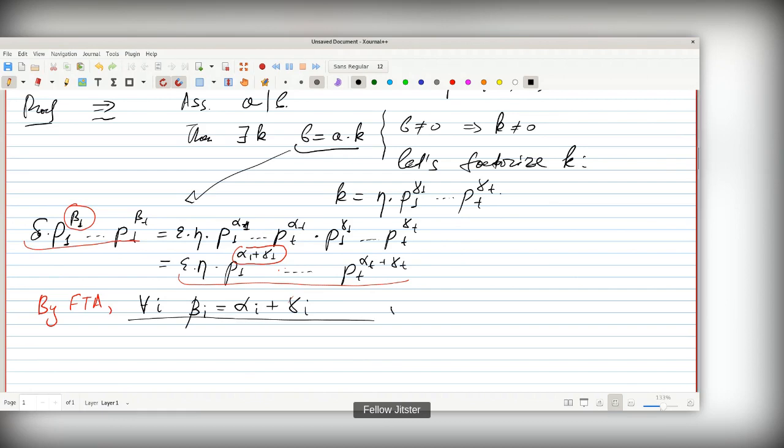But we know that gamma i is a natural number by the definition of a prime factorization. Hence, beta must be greater or equal than alpha.